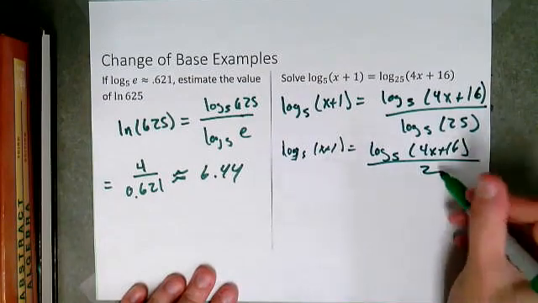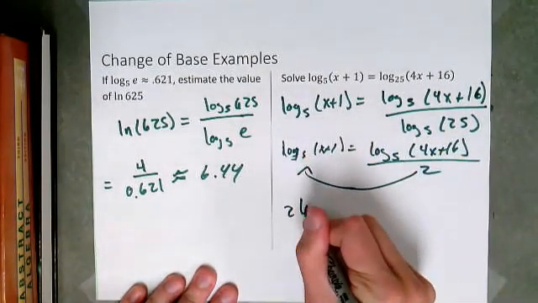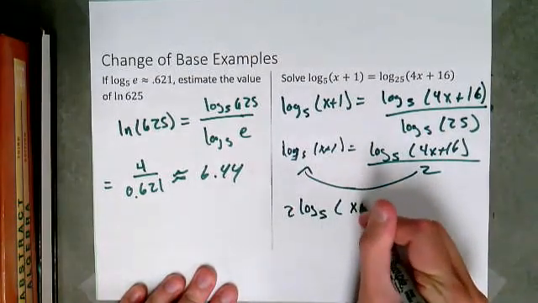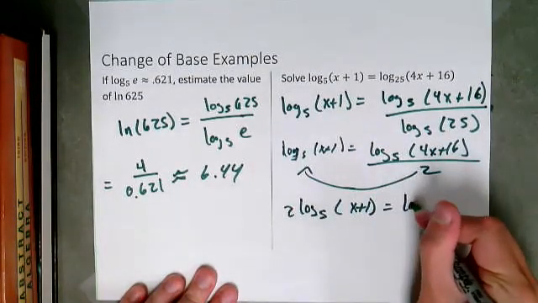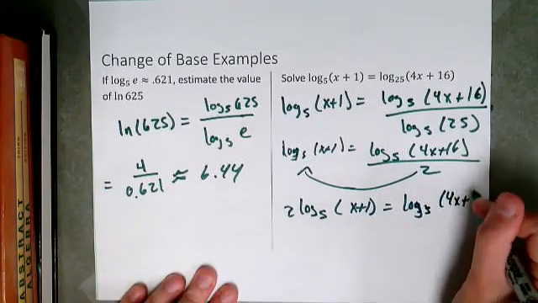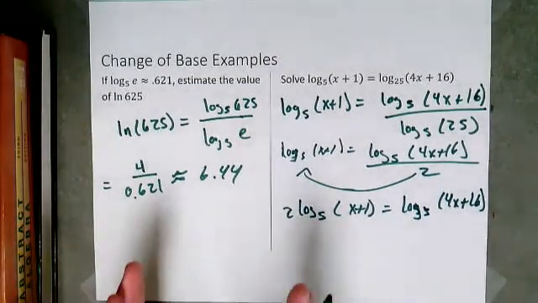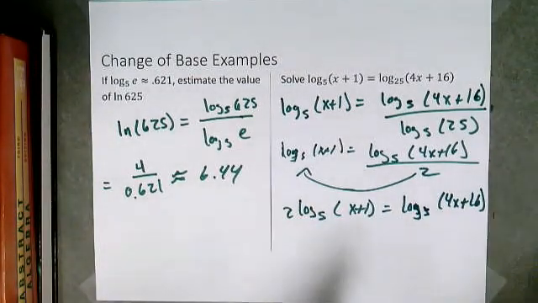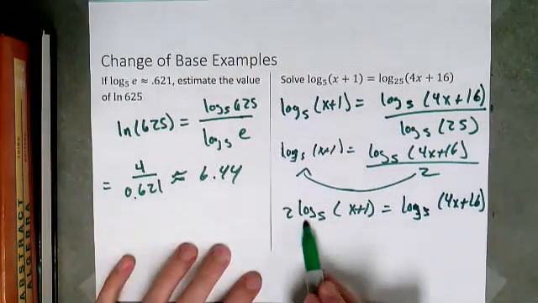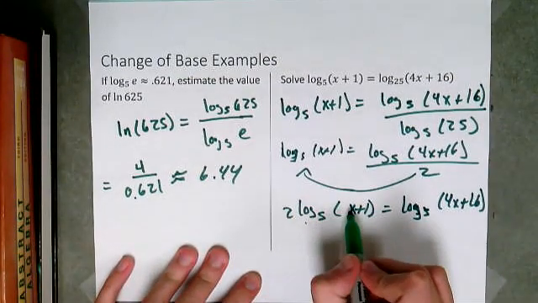Okay, let's keep going. Let's move the 2 to the other side. So we get 2 times log base 5 of x plus 1 equals log base 5 of 4x plus 16. Again, we still want log base something equals the same log base something. This 2 we've got to get rid of, so let's put it back up in the exponent slot.